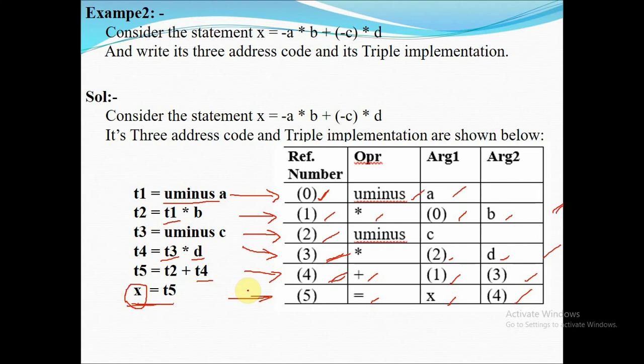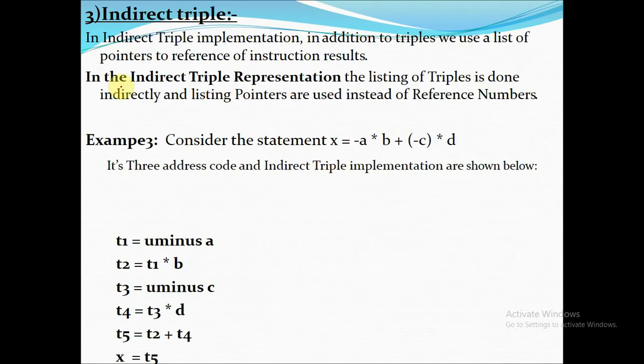It is about the second one. See the third one, indirect triple representation. So indirect triple implementation means we are using indirect addressing. So earlier in the triple representation, we used to reference a particular row result by its index number or reference number.